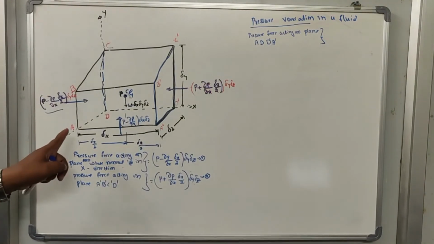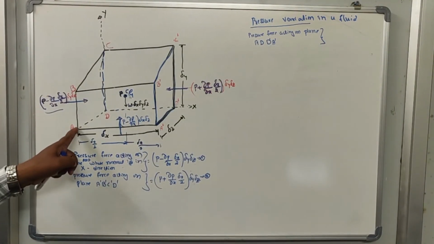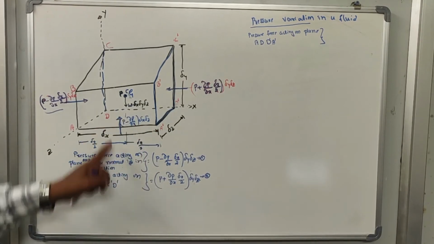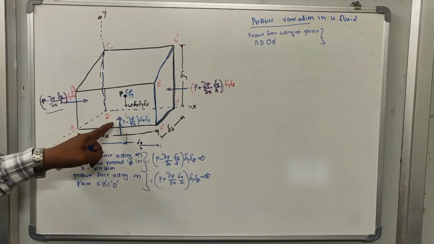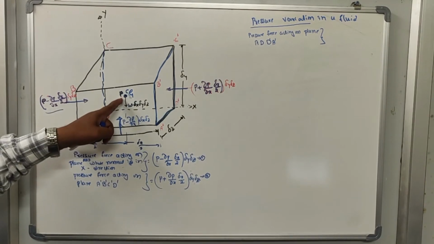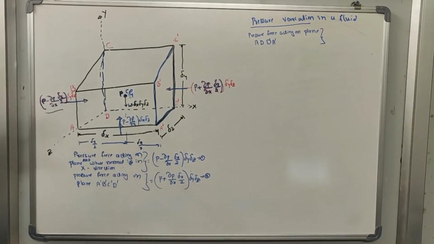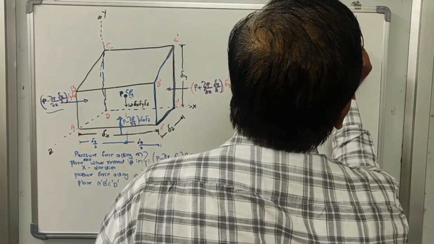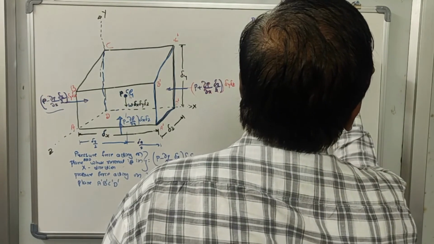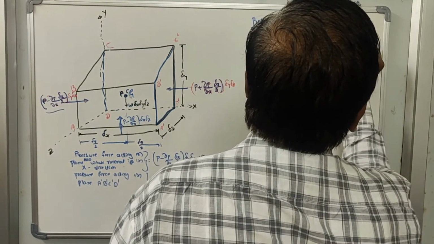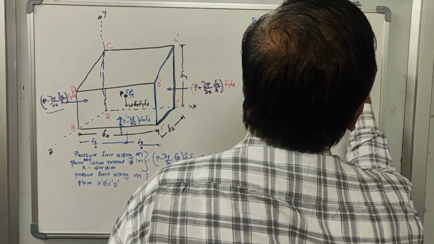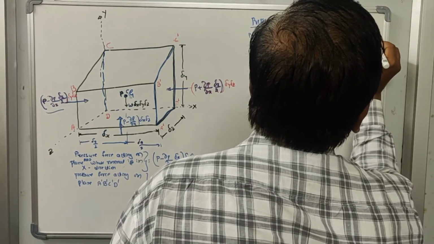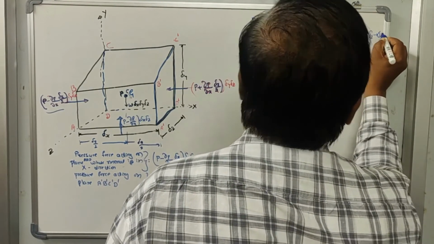This plane is lying below the CG point at a distance delta y by 2. So this is equation 3.